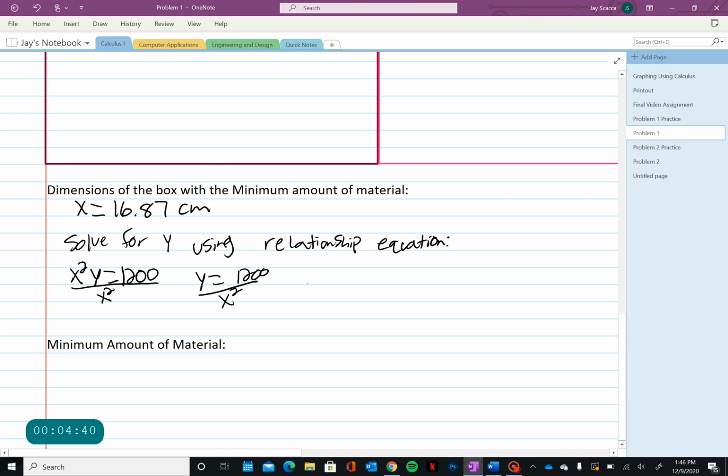And then we can plug in the x to the equation, 16.87 squared.